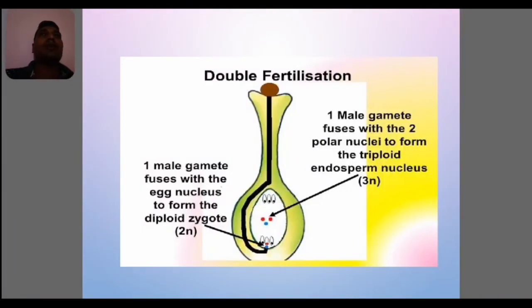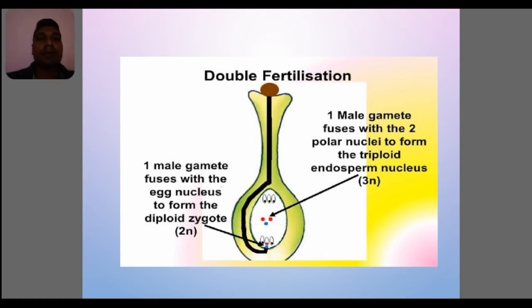Now the process of double fertilization. In double fertilization, both processes occur. In the first process, the male gamete which is present in the pollen tube... First, I told you that the pollen tube consists of two male gametes.